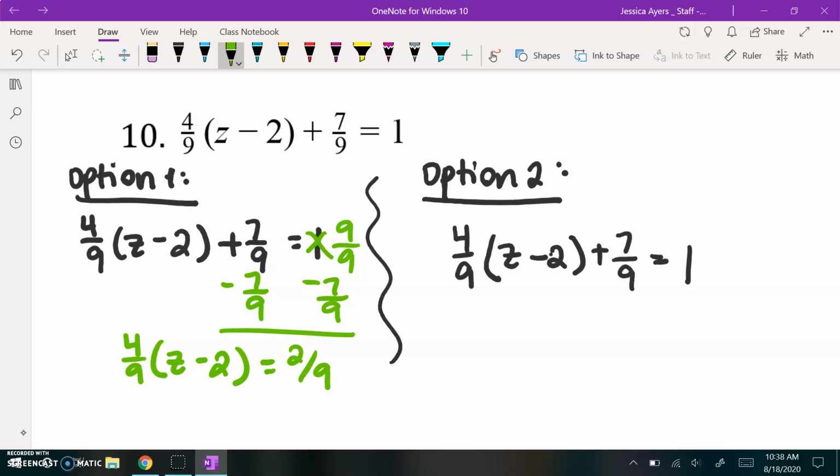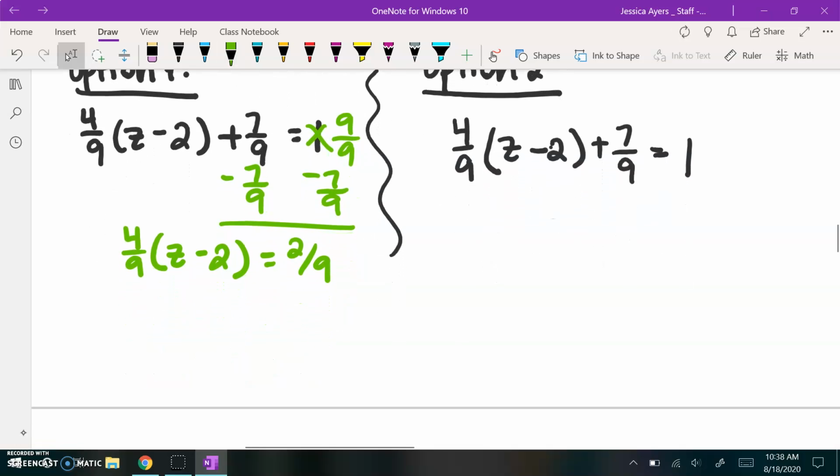And I did that instead of distributing because I know that 4/9 times 2 isn't going to be a whole number, and I'm going to increase my number of fractions. So then I can multiply by 9 over 4, multiplying by the reciprocal, because then 9 over 4 times 4 over 9 gives us the 1, which makes the parentheses go away.